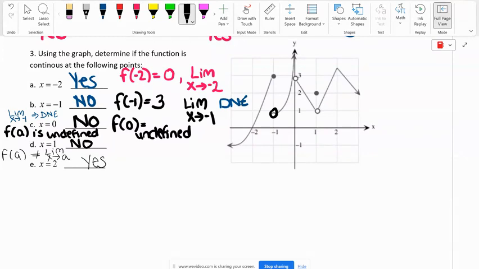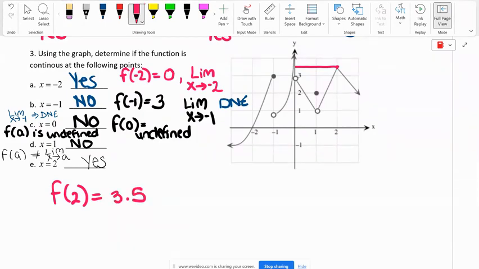Let's talk about why. Let's see what's going on here. So we want f of 2, when x is equal to 2. When x is equal to 2, we're right here. Isn't that about like 3.5? So f of 2 is equal to 3.5.